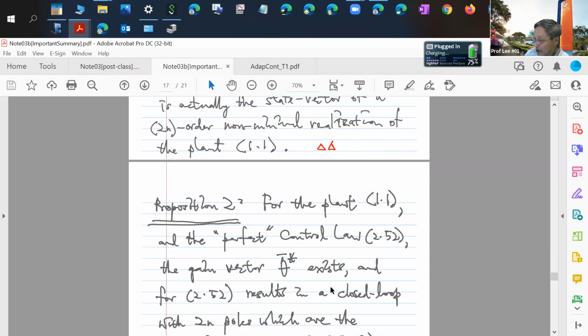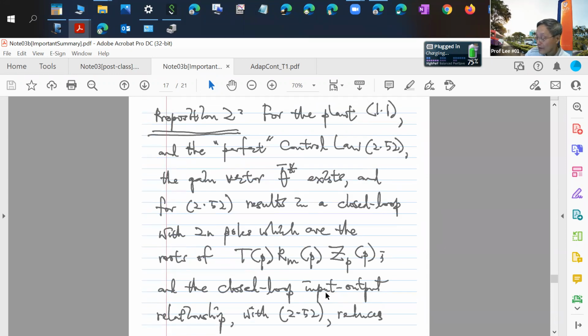Then because this is equivalent to state feedback, and state feedback does not change the order of the system, with the 2n order non-minimal realization you need to be able to find all those 2n poles in state feedback, and they are there.